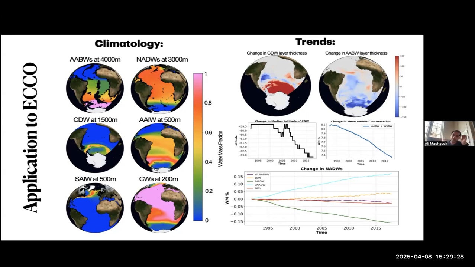And that's really key because then this is a model that conserves mass, and you have your water masses. You can start doing budgets of how much of waters from the Arctic or Antarctic or in between are heating up or expanding or shrinking. To give you an example, if you look over the past couple of decades, you can see that the circumpolar deep waters, these are waters that are a combination of Antarctic bottom waters at the base of the ocean and North Atlantic deep waters that form in the Atlantic going south.